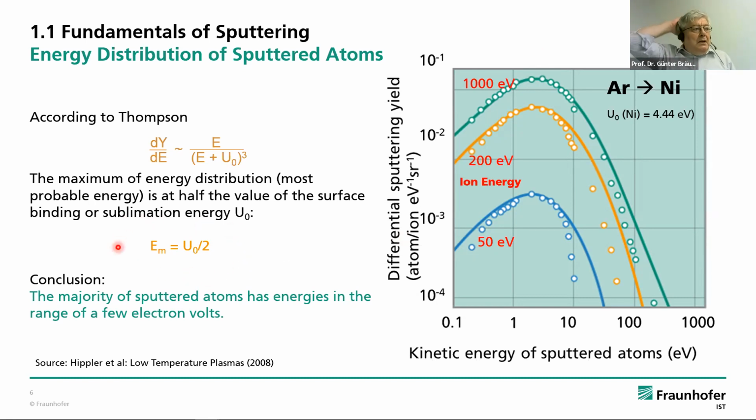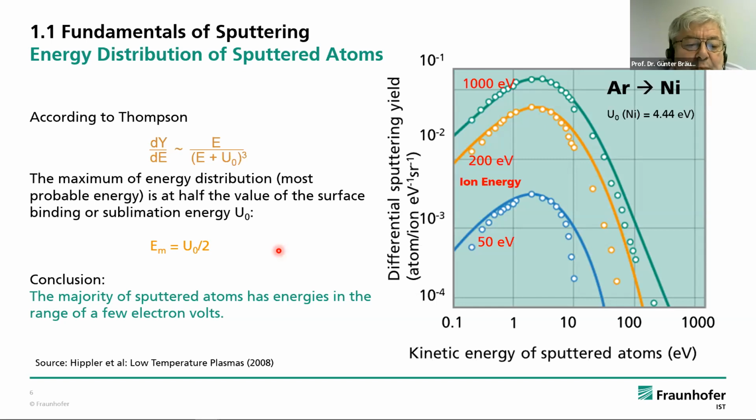So now we can look into tables at different surface binding energies, and we see that in general we have between 2 electron volts and 8 electron volts.